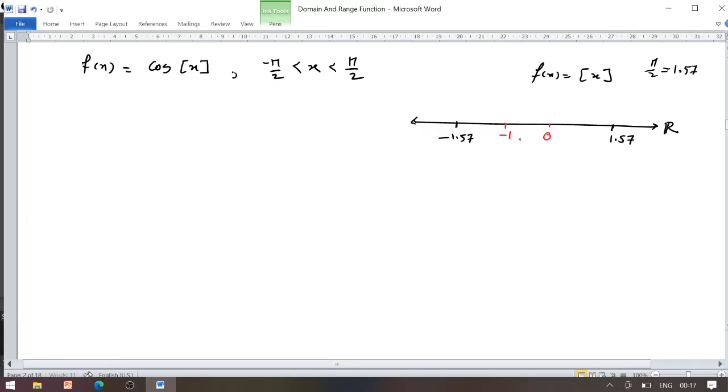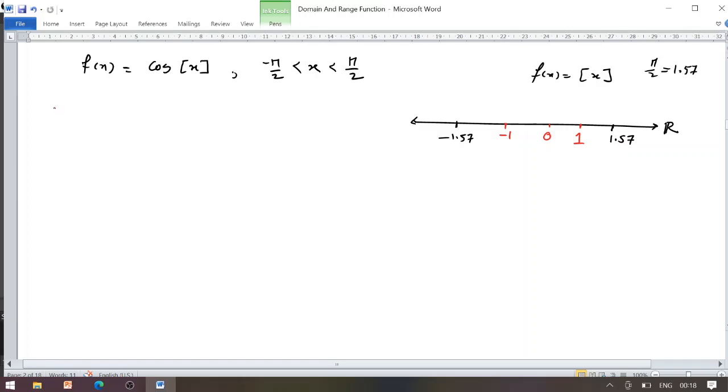Next to it we have 0, and the greatest integer value of 1.57 becomes 1. So we have to consider now the subsets of the given interval of the form minus 1.57 to minus 1, minus 1 to 0, 0 to 1, and 1 to 1.57.